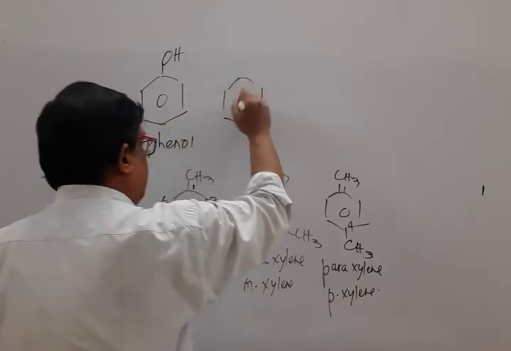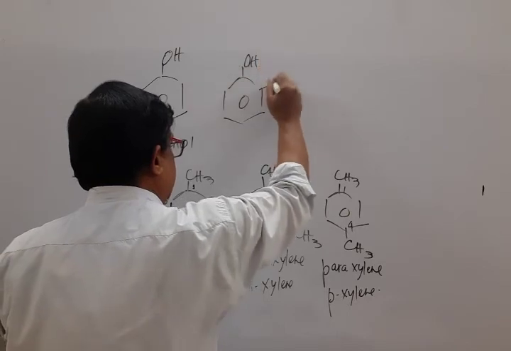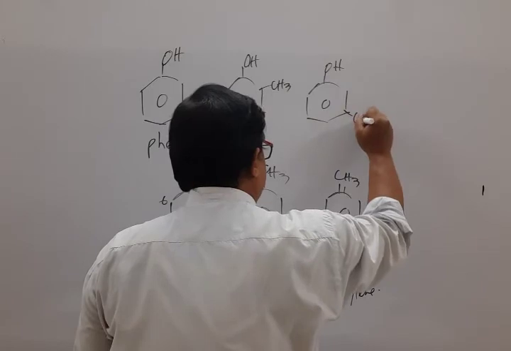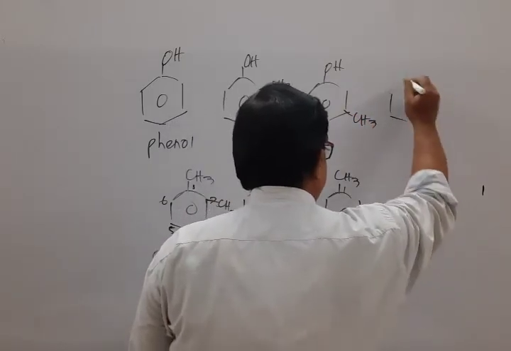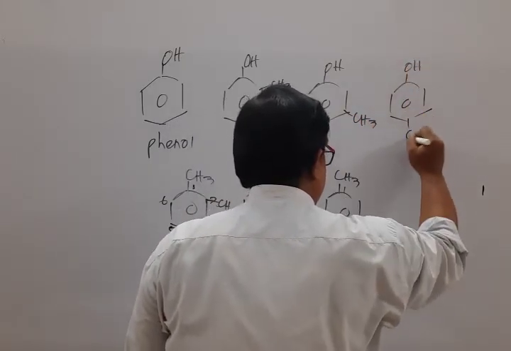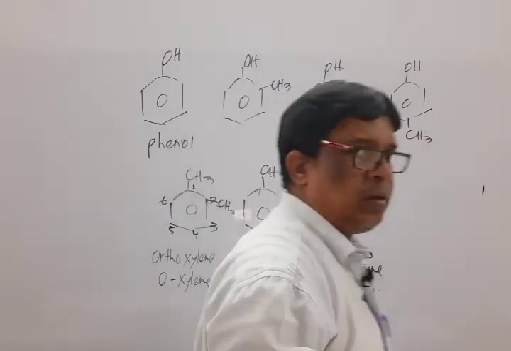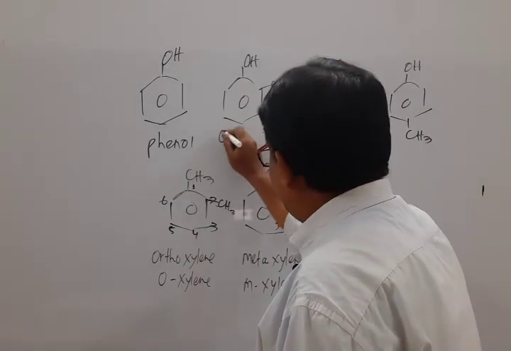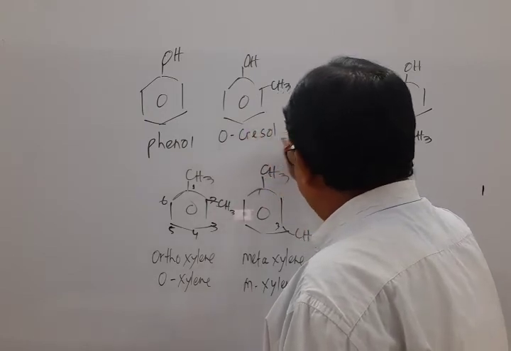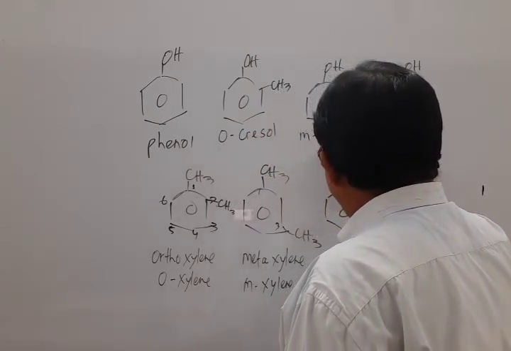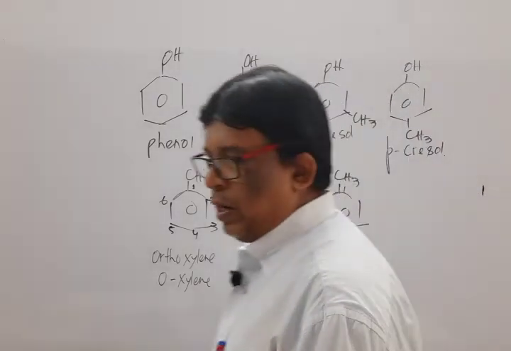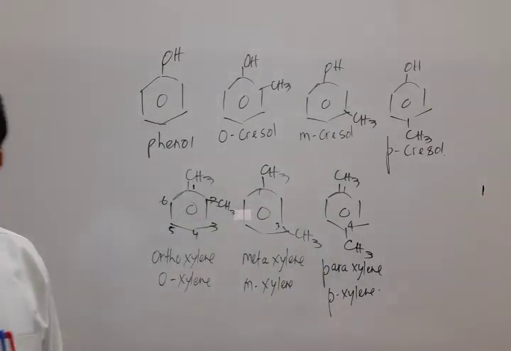If two substituents are there, at the 1,2 position, 1,3 position, and 1,4 position, the usually used common name is cresol: this is o-cresol, this is m-cresol, this is p-cresol. We have to remember some usual common names, also recommended by IUPAC.